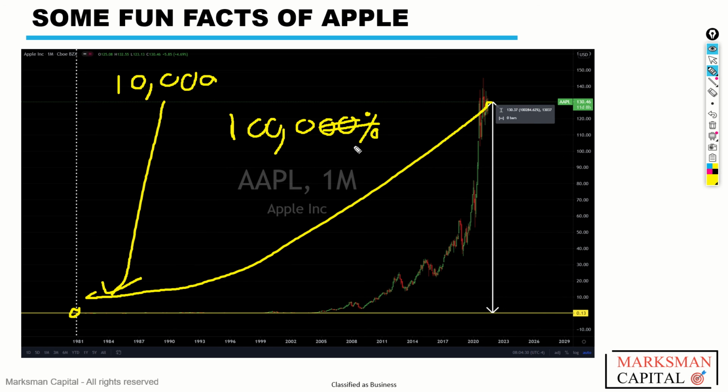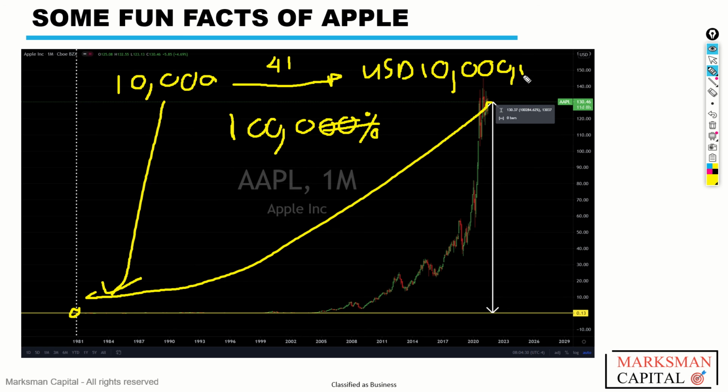So I'm pressing on my calculator right here. Okay, let's see, I'm pretty bad at maths now. 10,000 USD times 1,000. After 41 years, you arrive at 10 million.